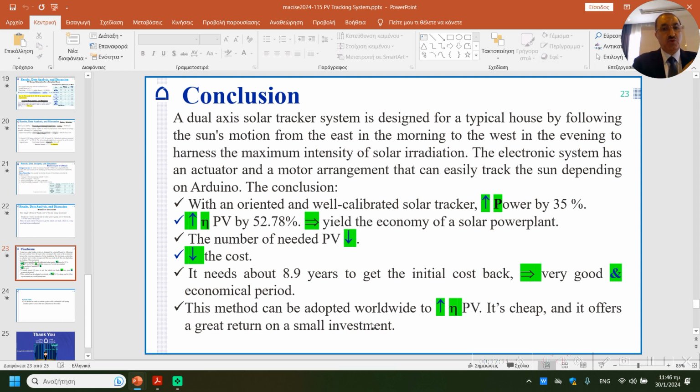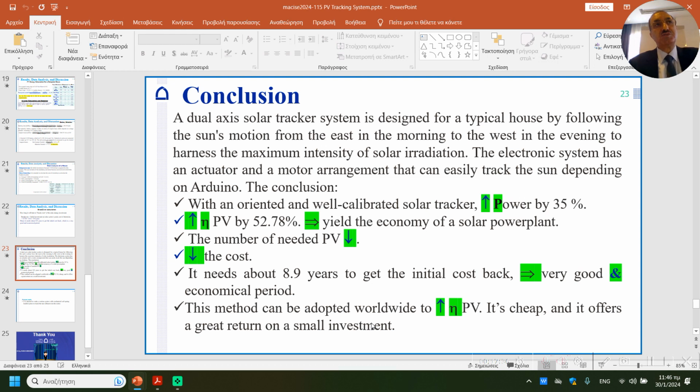With good orientation and good calibration of the solar tracking system, we expect that the power output will be increased by about 35%. The increase of the efficiency of the solar panel will be about 52.7%, which means this will improve the economy of a solar power plant.